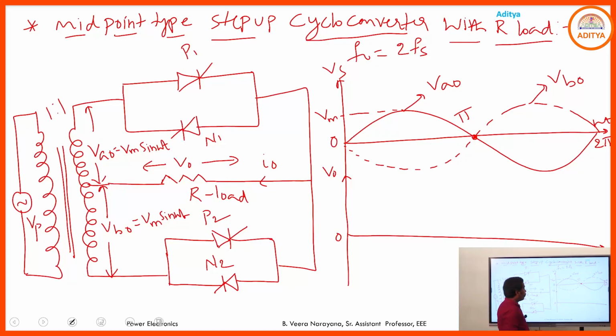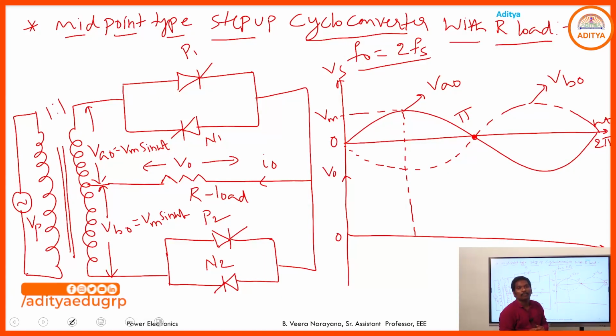Now between 0 to 5 you complete one positive cycle, next 5 to 10 one negative cycle, 10 to 15 positive cycle, 15 to 20 negative cycle. Here if you want F0 equal to 2Fs, it means for completion of one full cycle in the source voltage, we are able to collect two complete cycles in the output voltage waveform.